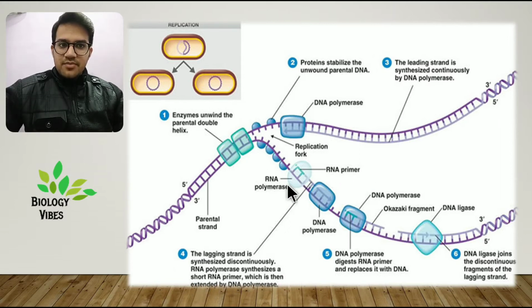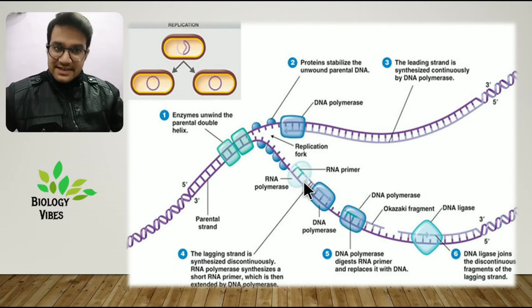It is responsible for the formation of this RNA primer, that is this blue segment, a small segment, which is then extended by DNA polymerase. So DNA polymerase then comes into picture in the lagging strand and extends from the RNA primer. And then what happens? The DNA polymerase digests the RNA primer and replaces it with DNA.